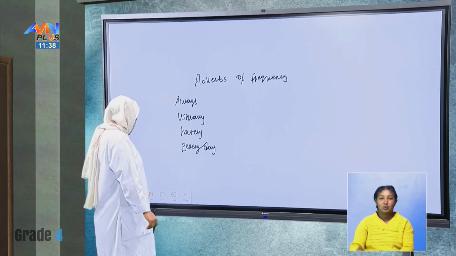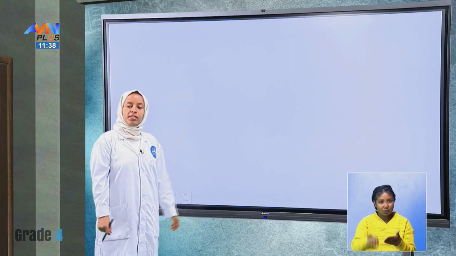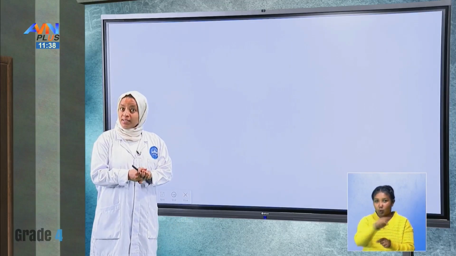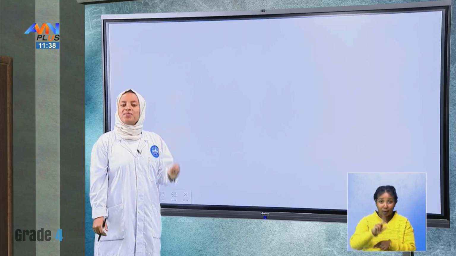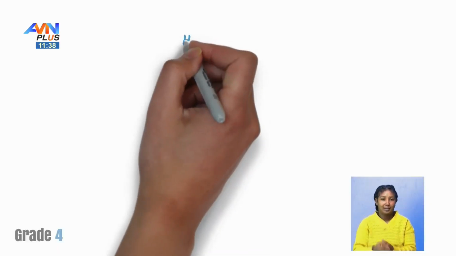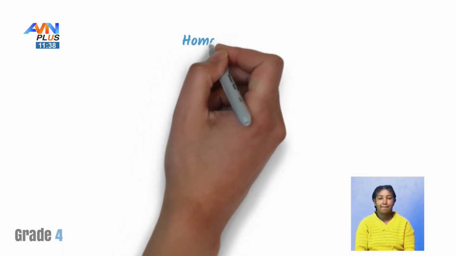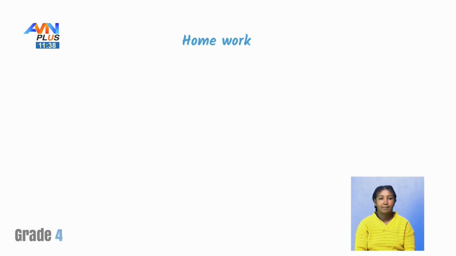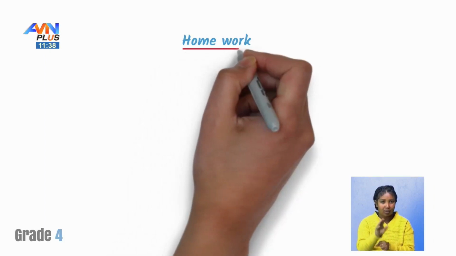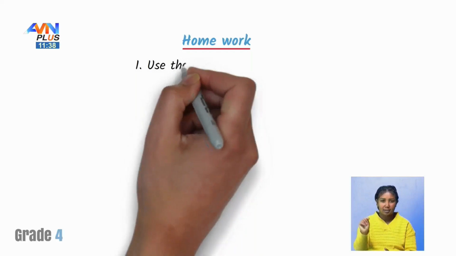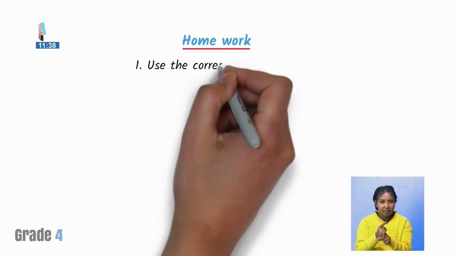Students, this was our lesson. Let me give you homework. You can practice simple present tense at home. Here is your homework. Like your activity 1, you can use the correct form of verb.